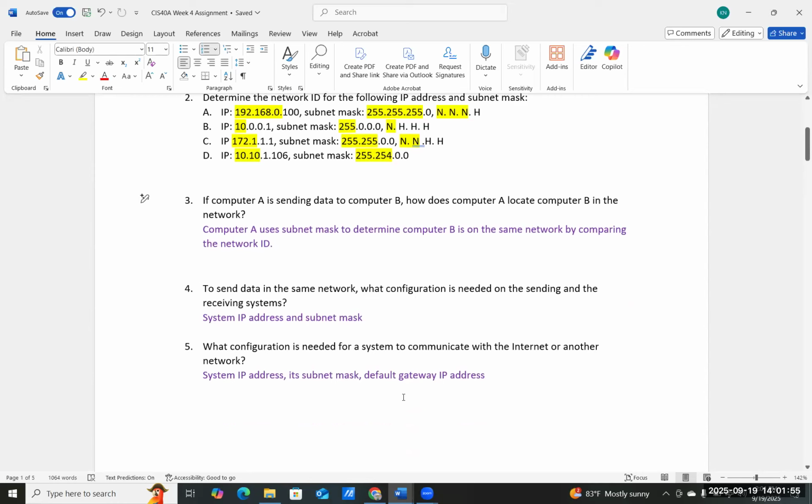Now, if you are leaving your network, going past your router, let's say you're visiting a website, the traffic is then going to be routed to the web domain that you're visiting, like youtube.com. Well, how does the system know where to send that? It's going to look at the IP address.